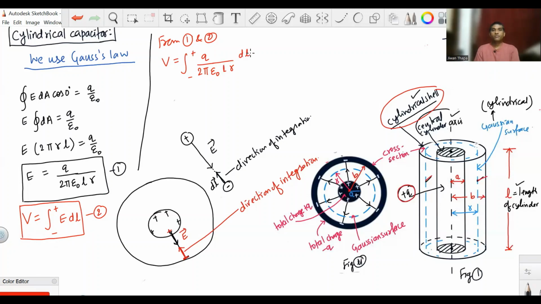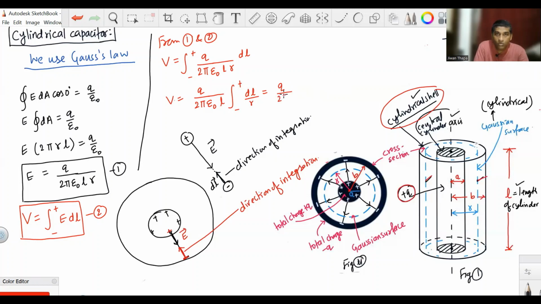So we have this. Clear? Now we can take Q by 2 pi epsilon naught L, where L is the length of the cylindrical capacitor and is constant, out of the integral, and we can write it this way, and we have R in the denominator also.